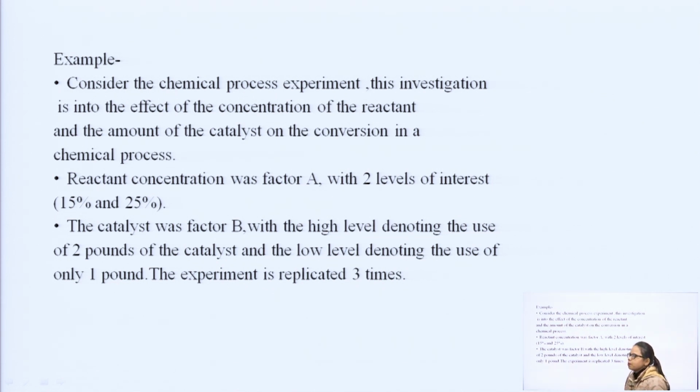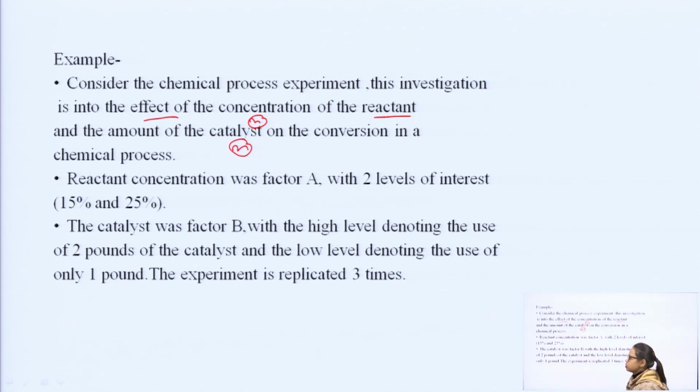It means the chemical engineer conducting the experiment wants to check the effect of the concentration. The effect of concentration of the reactant is one variable and the amount of catalyst is another variable, on the conversion in a chemical process.